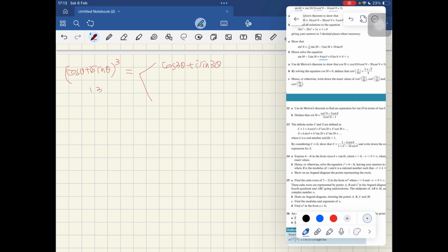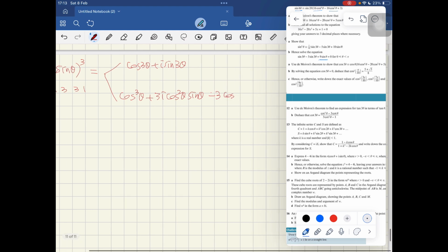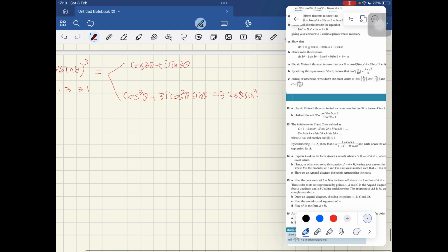Using binomial expansion, 1, 3, 3, 1: cos cubed plus 3i cos squared sine, minus 3 cos theta sine squared, minus i sine cubed.